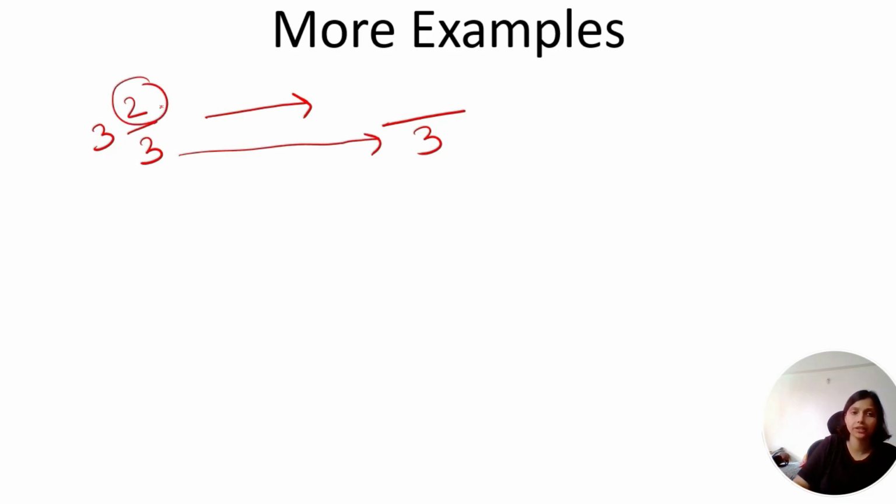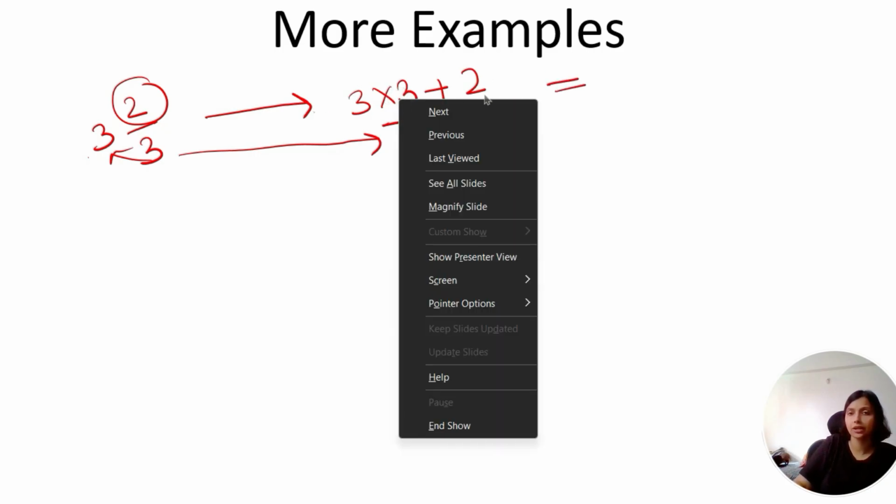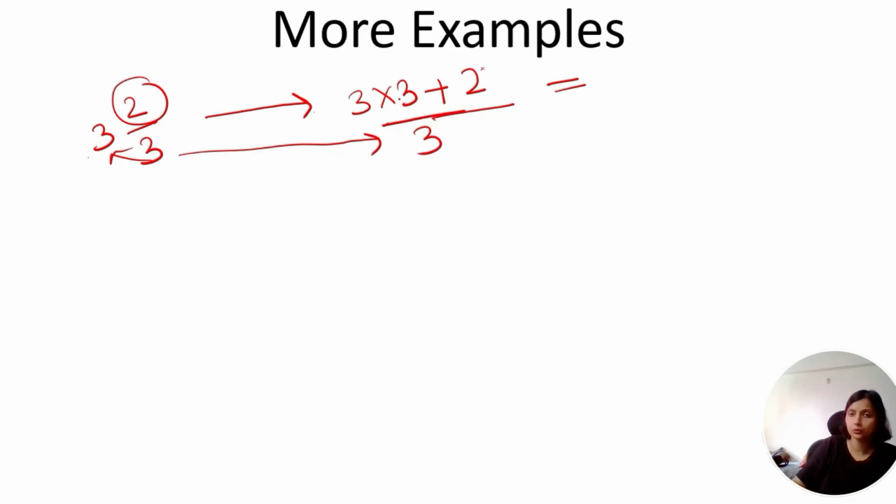To get the numerator, I need to multiply the denominator with the whole part. So 3 into 3, 9. Then I need to add the numerator of the mixed fraction. So 9 plus 2, that is 11 by 3.